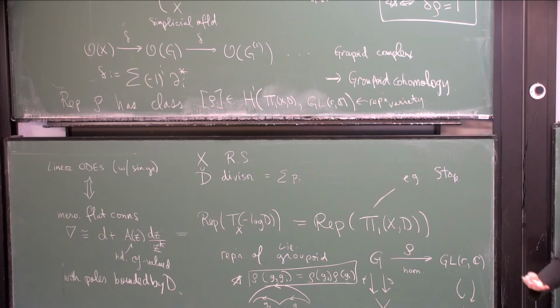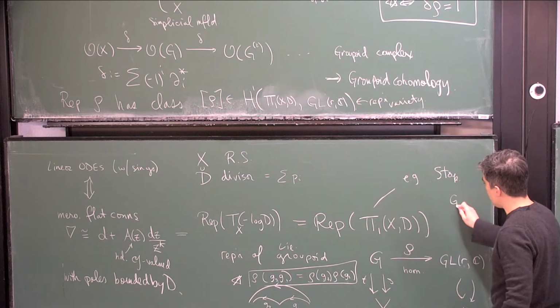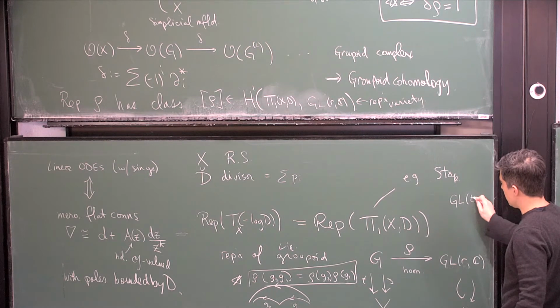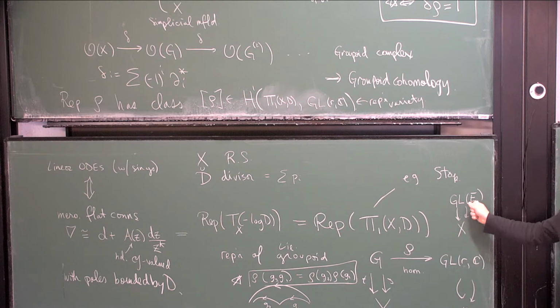And that forms a groupoid over X. So in general here, what you would need to do is you would have to define GLE, which is a groupoid over X. And basically this would take the place of the right-hand side. That's all. That's the only modification I would have to make.